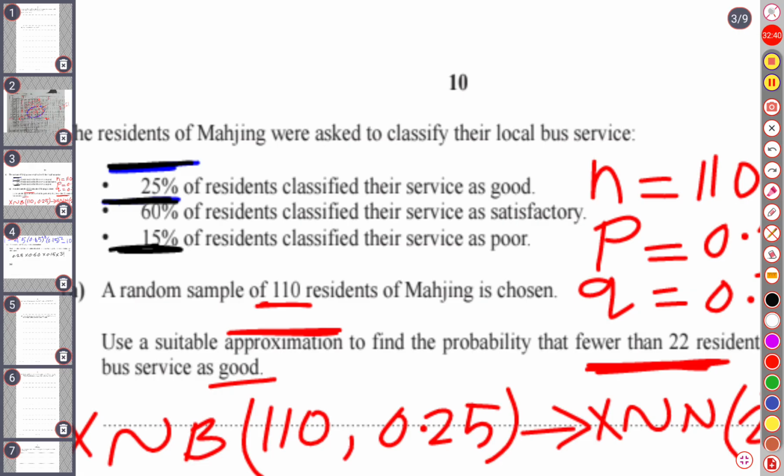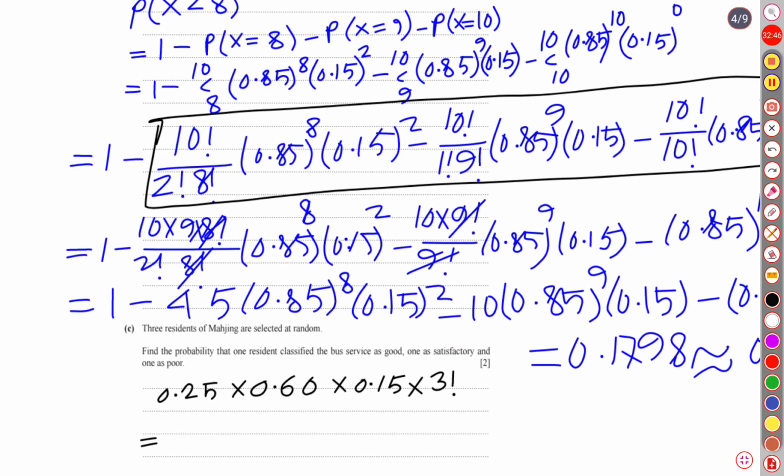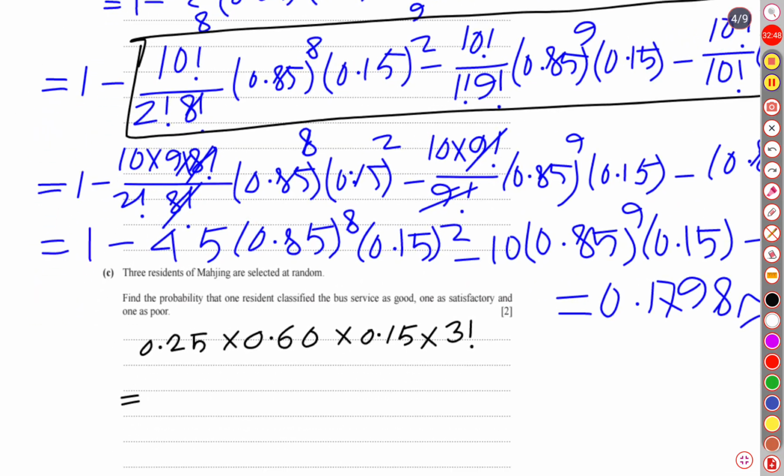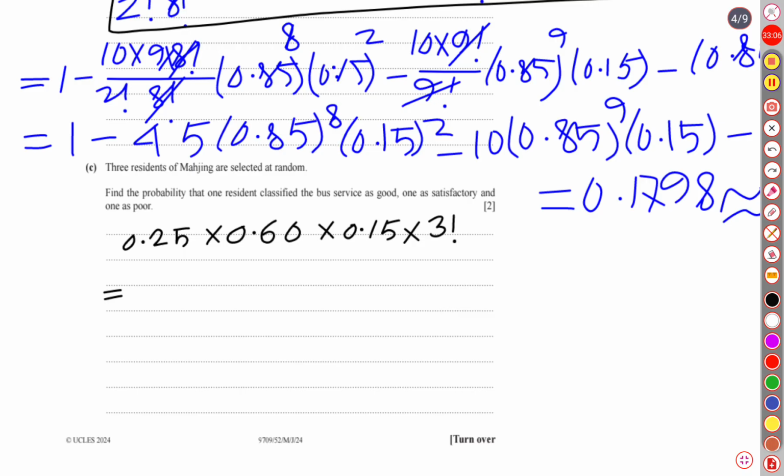So 0.25, 0.60, and 0.15 was each of the probabilities. So if we calculate 0.25 into 0.60 into 0.15 multiplied by 3 factorial, it is going to be 0.135, the final probability.